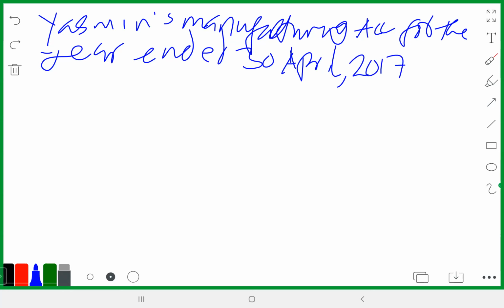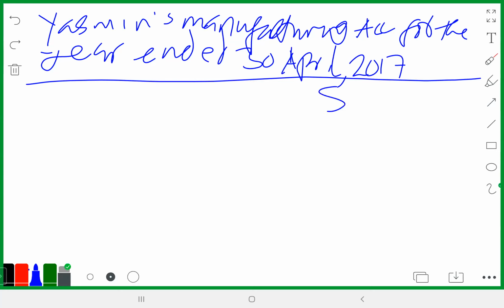This should be your title. Then you have, as usual, the two columns of this statement, just like on the income statement. And the units are given in dollars for the currency that you're using.